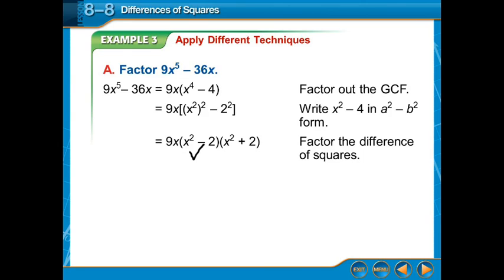So you want to recognize that in the first term of your binomial, you need a perfect square, and you also need that in the last term for it to be the difference of two squares.